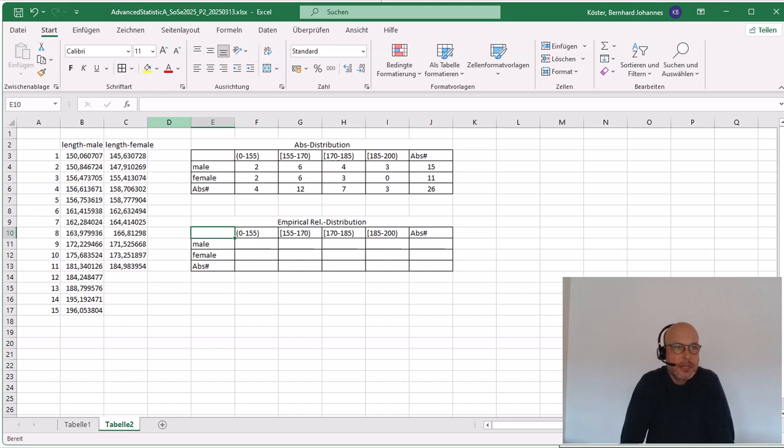Again, the question is now, what is the probability that I'm male and smaller than 155 centimeters? What do I have to calculate?